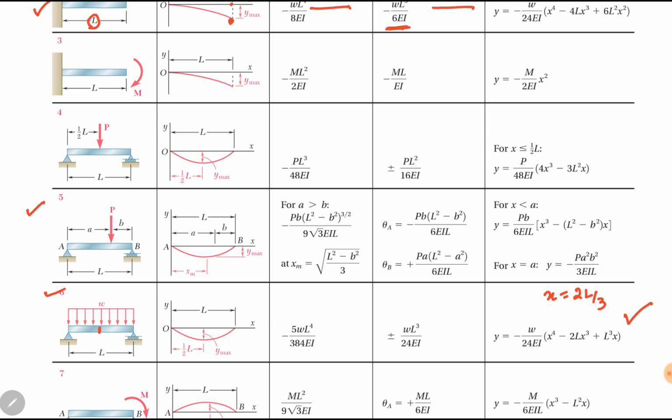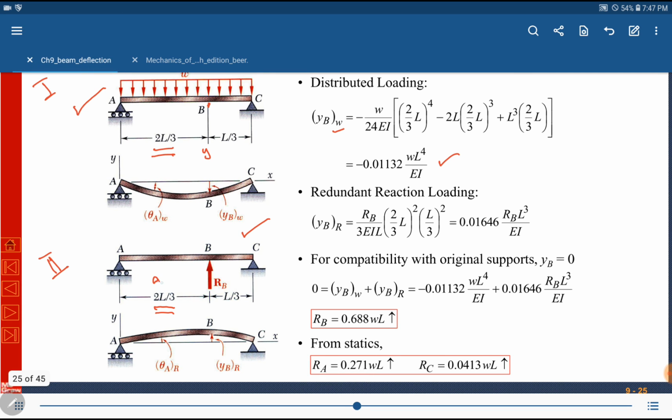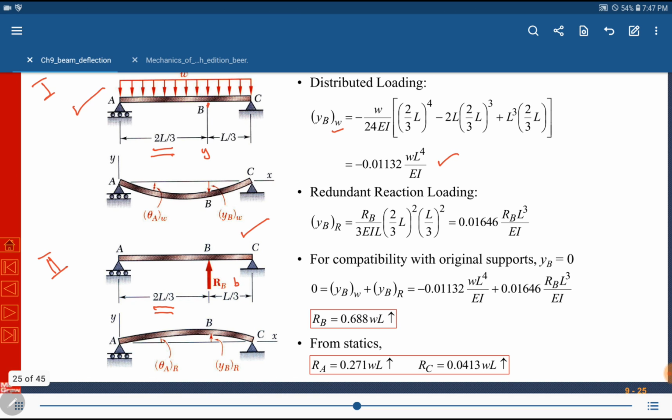Okay, so here is equation of elastic curve. This one we will use when x is equal to a. X equal to a, it means at this point. So here we will put a as, here this is our a, and this is b.